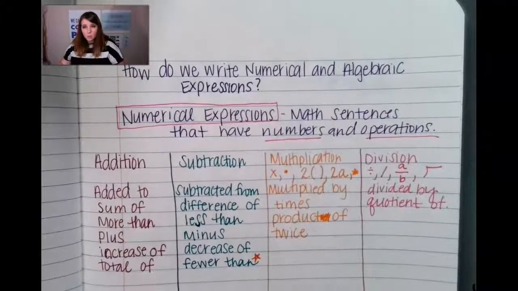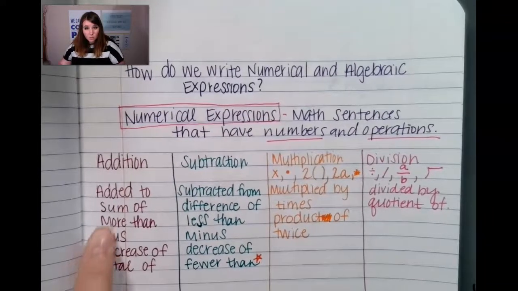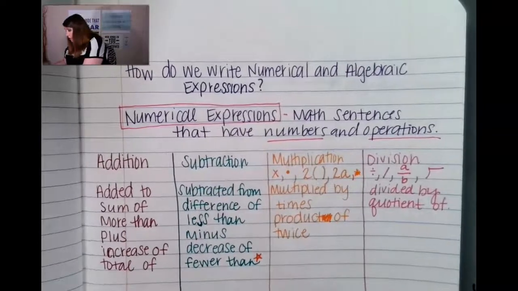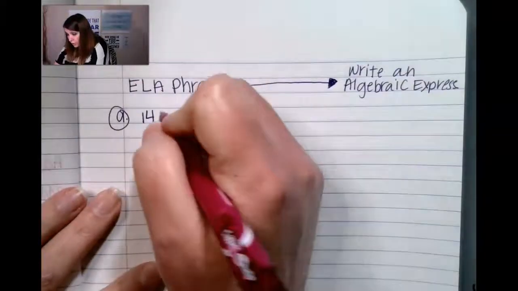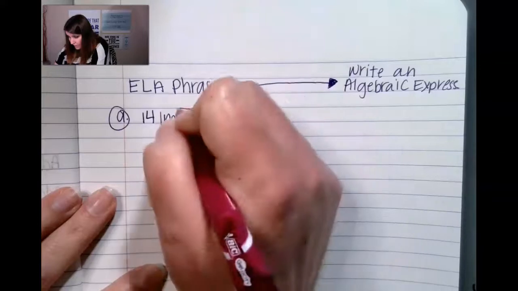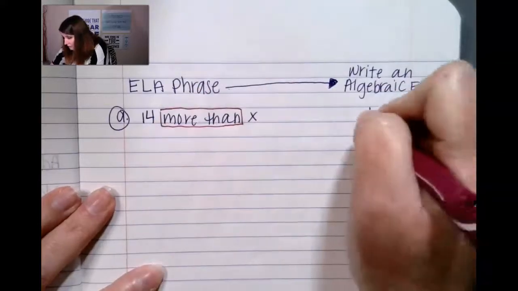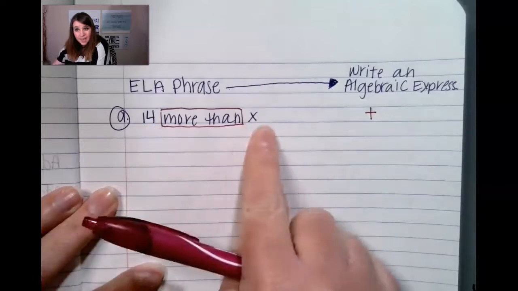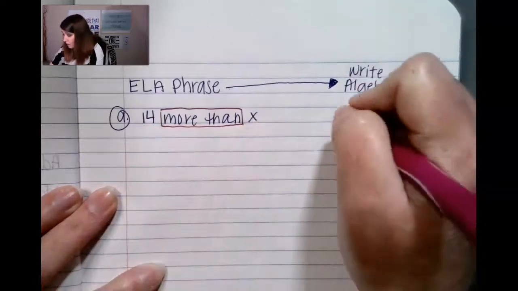Where do I see more than? Okay, more than was here under addition. So I know that more than is my clue word, and it tells me to add. And I am adding 14 and X.